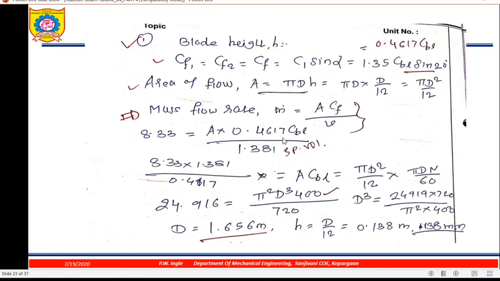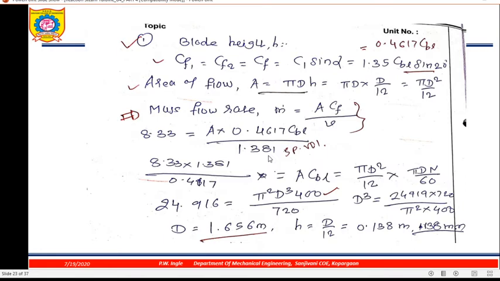Okay. So mass flow rate is nothing but rho into Q. Okay, what is rho? It is 1 by V, specific volume, and what is Q? It is area into velocity. Okay, so therefore mass flow rate is 8.33, A into CF is what? 0.4617 CBL upon 1.381.